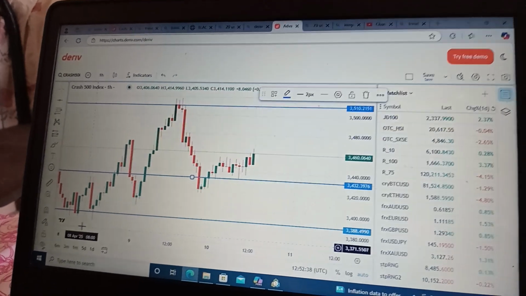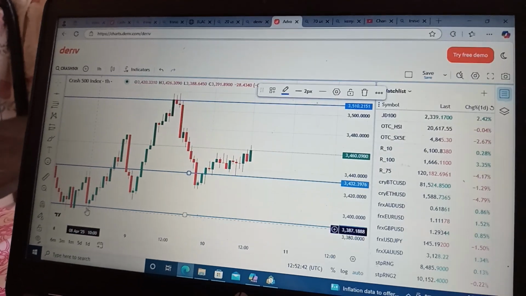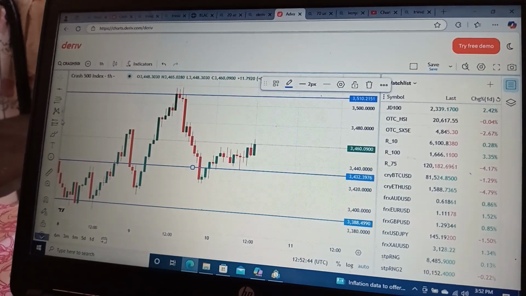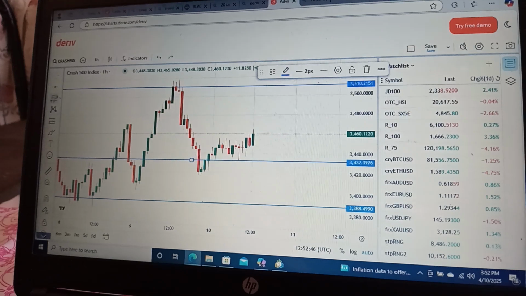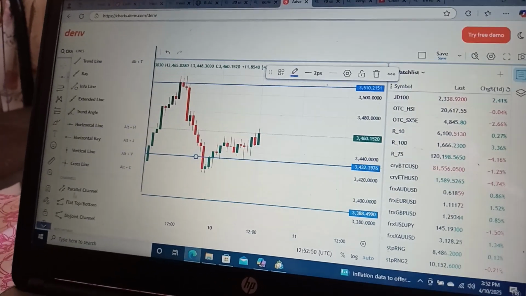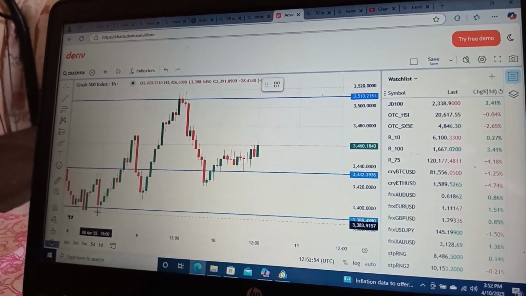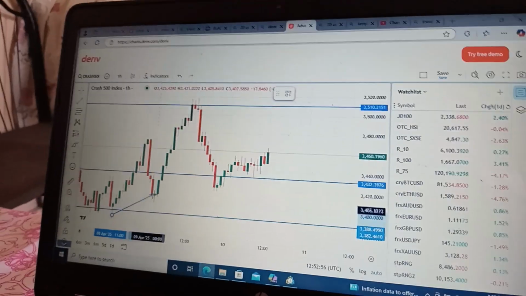We're having a series of higher highs and higher lows. You can see here. Let me draw this. Let me use our Fibonacci tool on TradingView. Let me show you how we do it. This one, you want to draw a trend line. There is this trend line here.